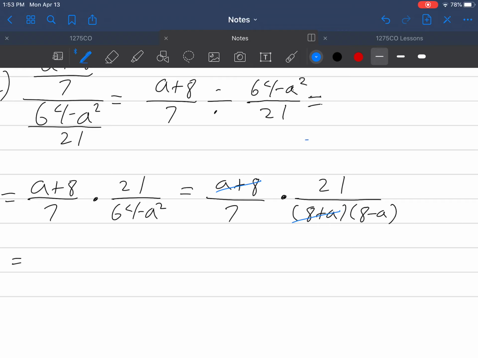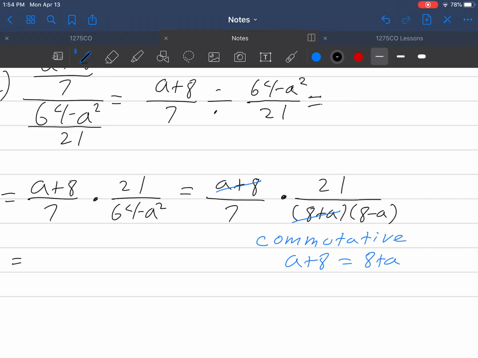A plus 8 and 8 plus a. These are equal because of the commutative property of addition. That means a plus 8 is equal to 8 plus a. Those are the same thing.